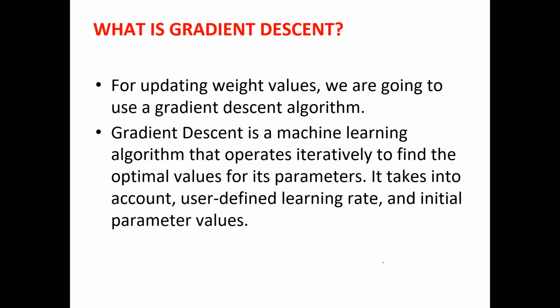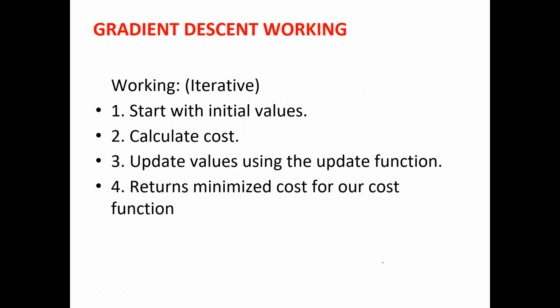Here I explain the back propagation algorithm very clearly. The back propagation algorithm is otherwise called an optimization algorithm, or a convergence algorithm. See here, it starts with some initial values and we calculate the cost function. We can call the error function a cost function or target function or loss function. Then we update the values using the update function. Then we find the minimized cost function value.